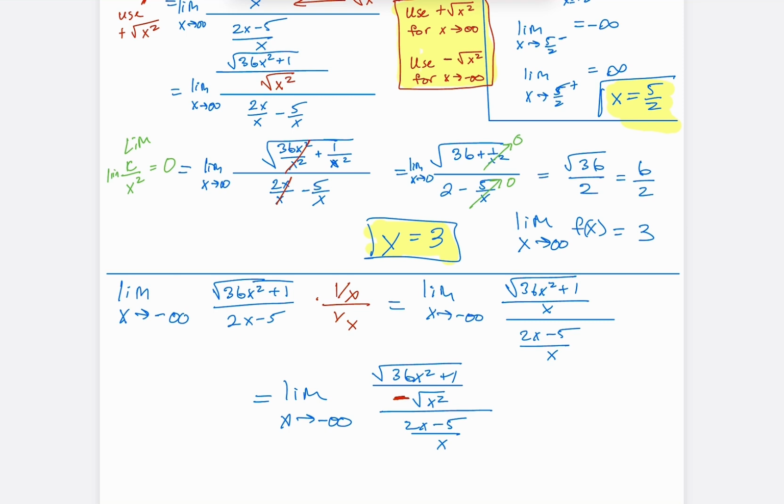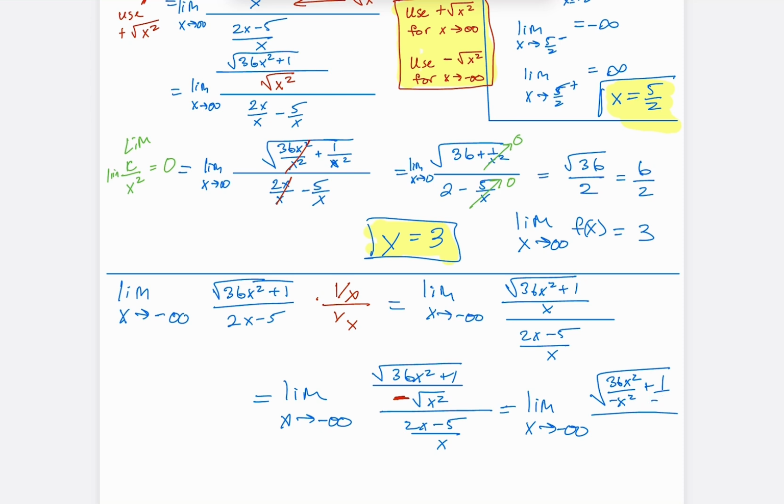How does that affect my answer? Well, let's see. So breaking this up and bringing my x squared into my square root and decomposing my fractions, I get the square root of 36x squared over a negative x squared and a 1 over a negative x squared.